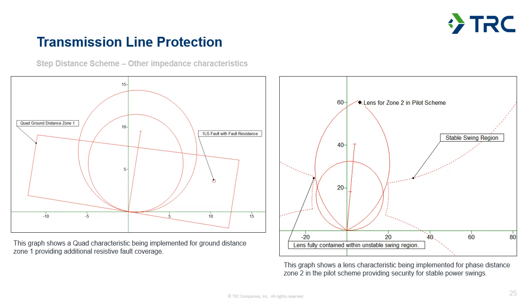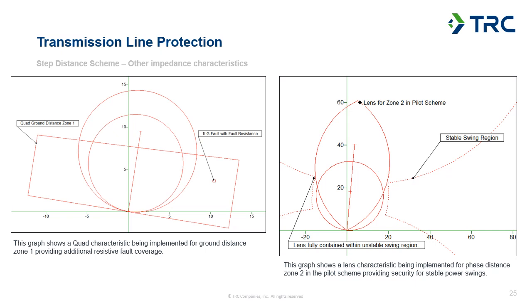The other type of impedance characteristic I've shown off to the right here is a lens characteristic. The only time I've ever applied it was when we had a PRC-026 compliance issue, and we weren't able to mitigate it with load encroachment blinders.